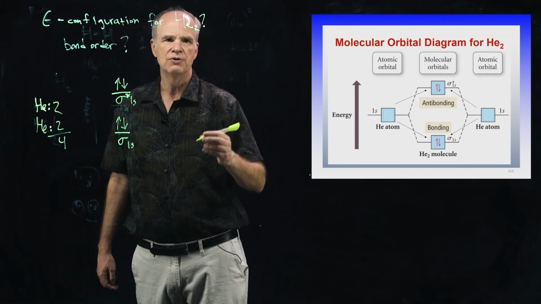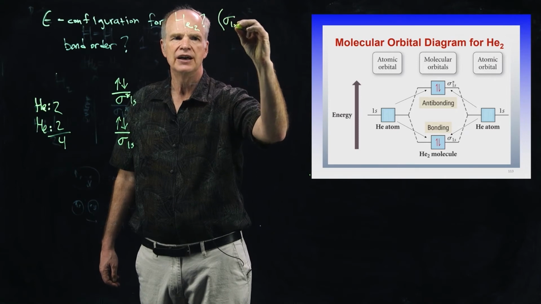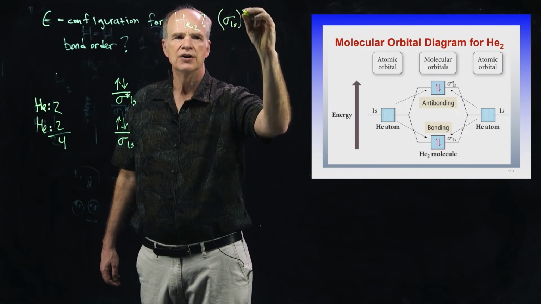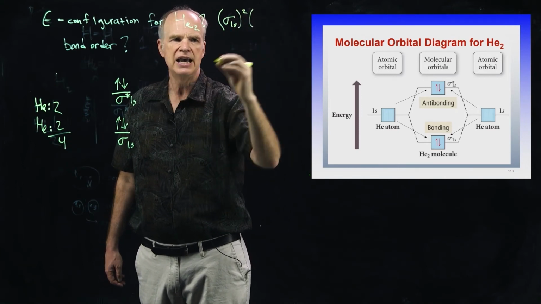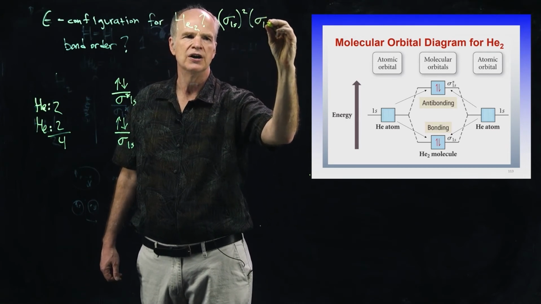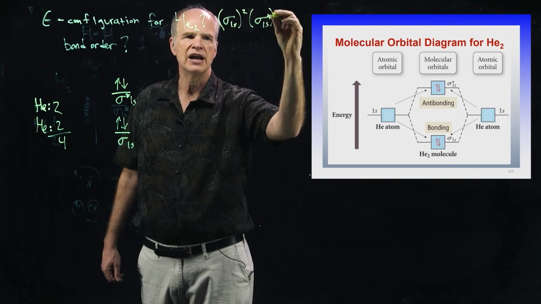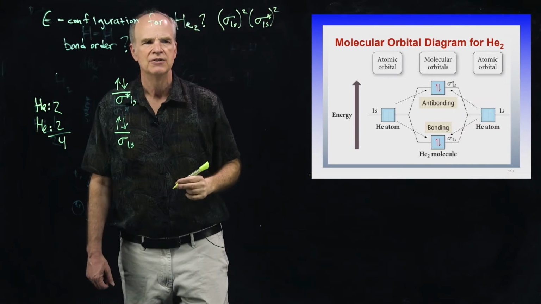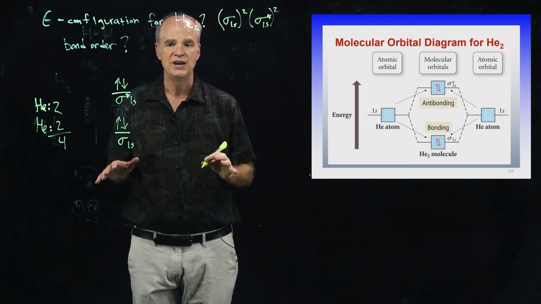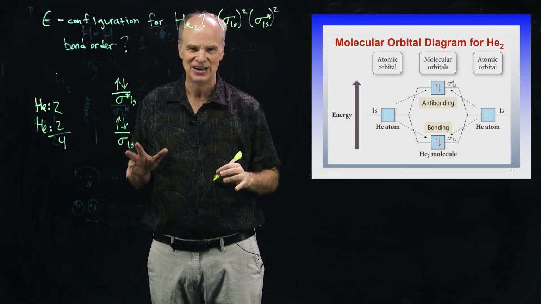You write sigma 1s squared, and then you have to include the antibonding electrons because they're in the configuration, which is sigma star 1s squared. Okay, now one thing you may already know is that diatomic helium does not exist.